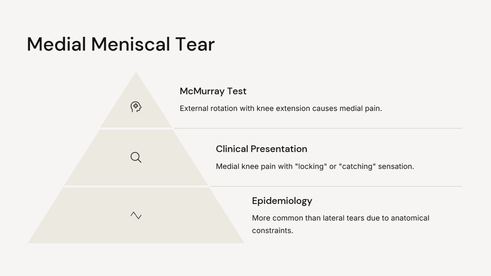Whereas in a medial meniscus tear, the tibia is internally rotated and the varus force pushes inward on the knee so that the medial meniscus is stressed. So this is the difference in the McMurray test for medial and lateral meniscus tear.